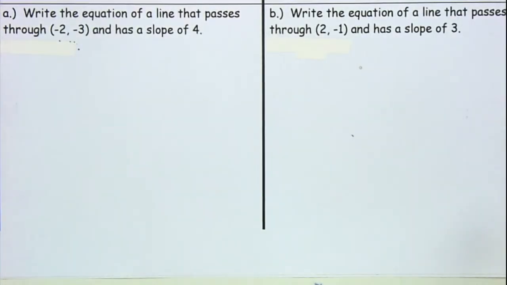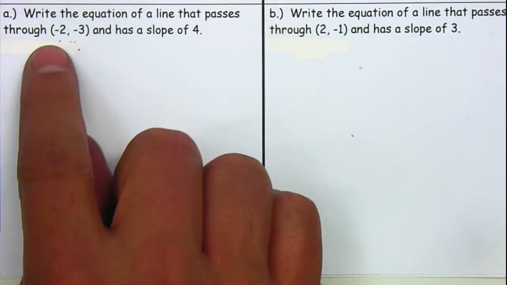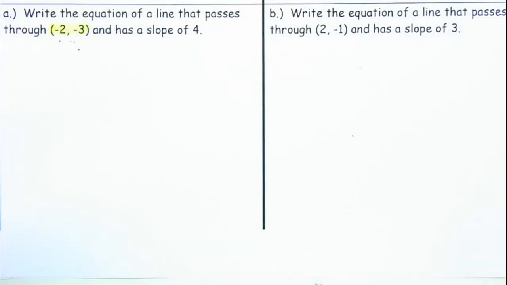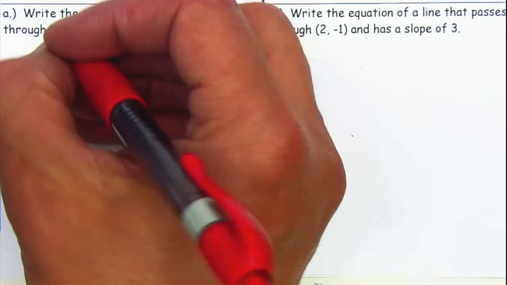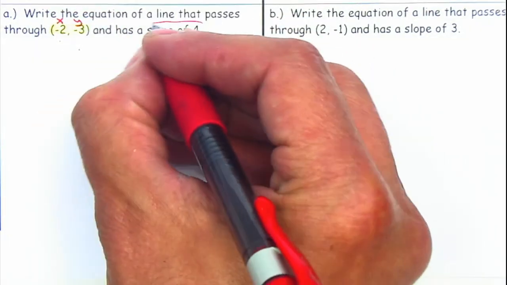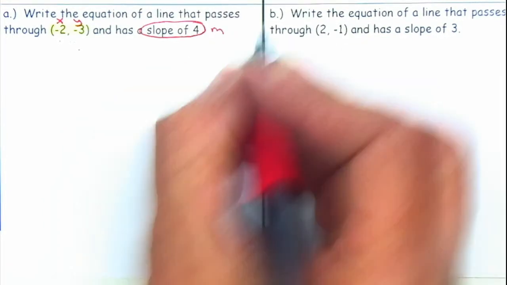Let's continue with the next example. Example number 2. We're going to go through the same process. It says write the equation of a line that passes through the point negative 2 and negative 3. And that will give you the x and the y. And it has a slope of positive 4. That will be your m.